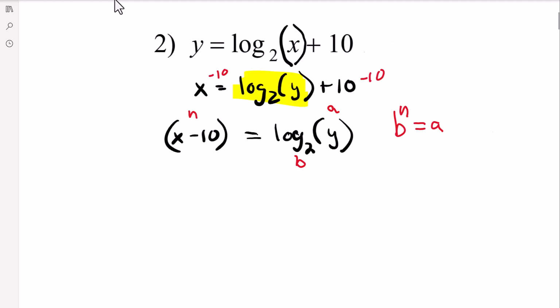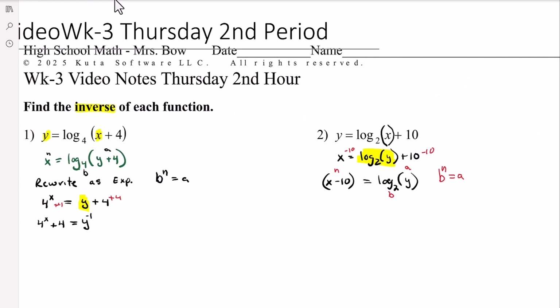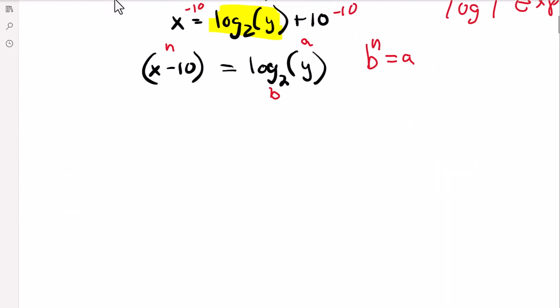Because remember, logs and exponentials are inverse operations. Inverse of add is subtract. Inverse of multiply is divide. Inverse of square rooting is squaring. The inverse of logs, you rewrite it as an exponent.